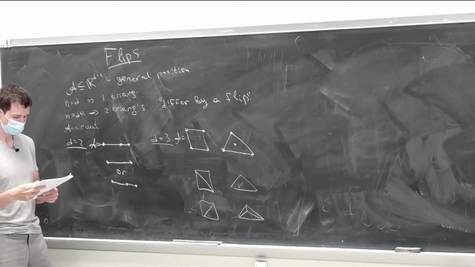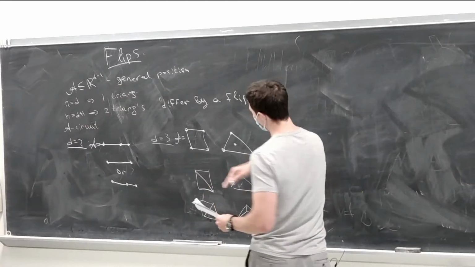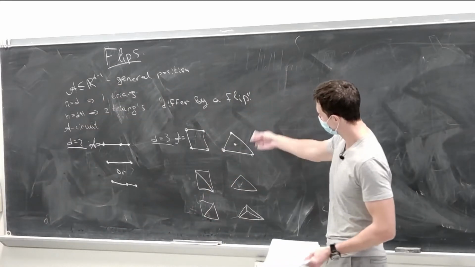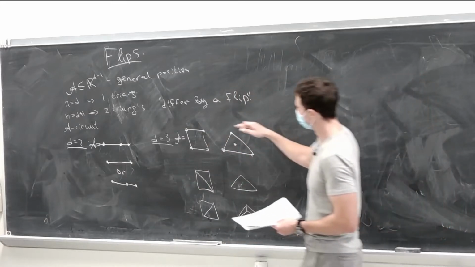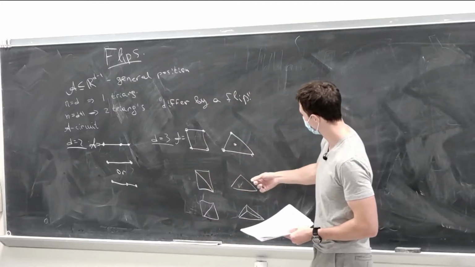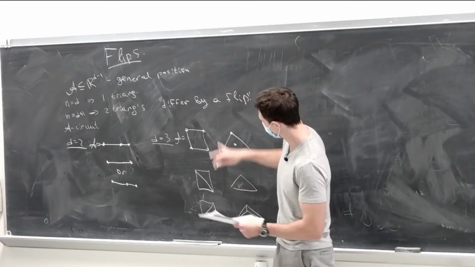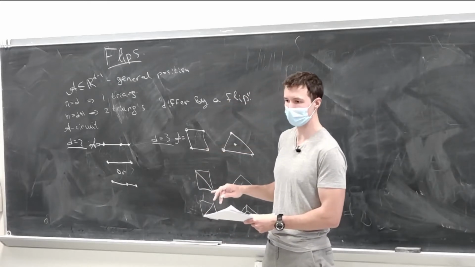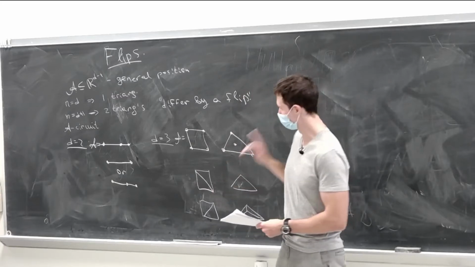And by the way, let me mention in general how you should think of these pictures. It's related to the fact that both of these triangulations are regular. So you should think of these drawings as projections of the lower boundary of some higher dimensional simplex.